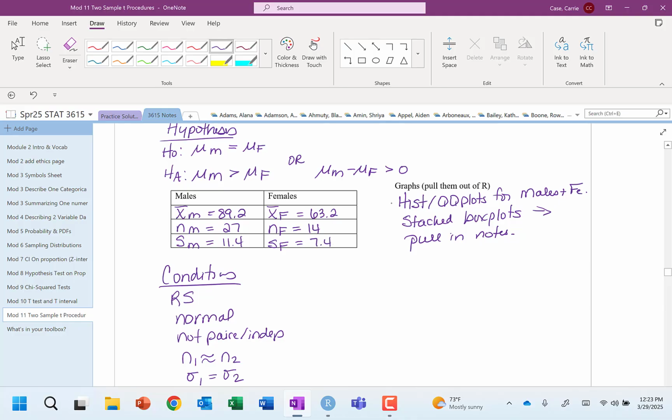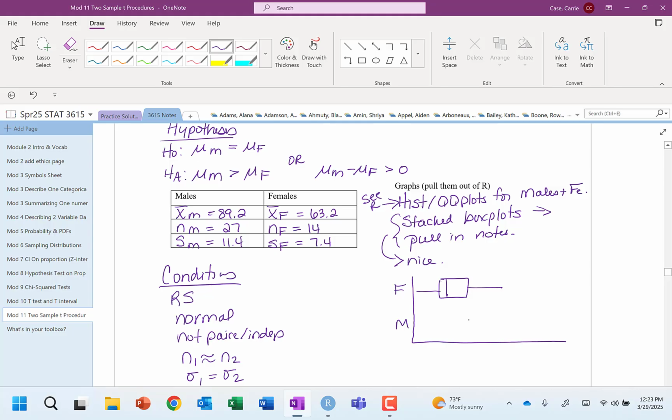We would look at these histograms, see R for this, and then the stacked box plot. We need nice graphs for this one because these are the graphs that we'd actually publish. And just real quick, I'm just going to sketch them, but we would normally pull these in. So I have a box plot that has a line in the bottom end. And that's for my females.